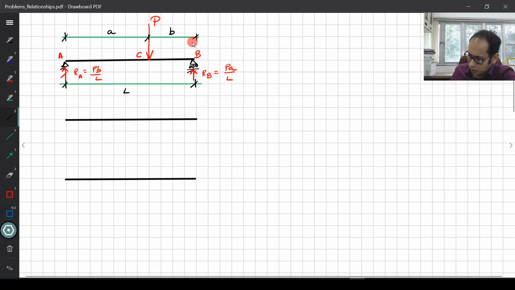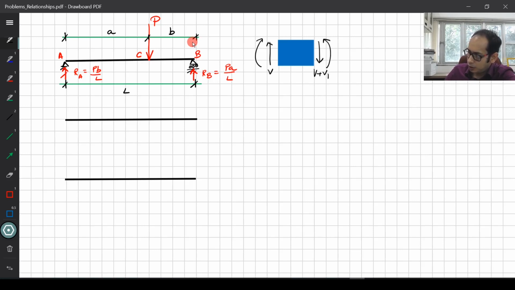Just to jog your memory, the situation was something like this, right? You had an element where we had V, and we had V plus V1, and we had M, and we had M plus M1, and these changes were happening when you had a concentrated load P that was acting.